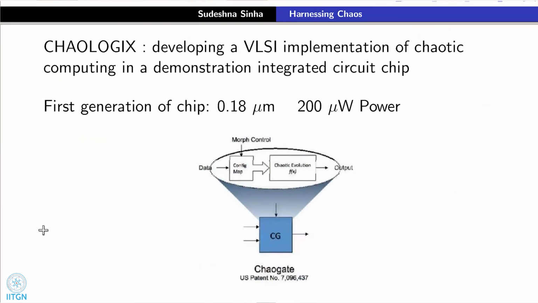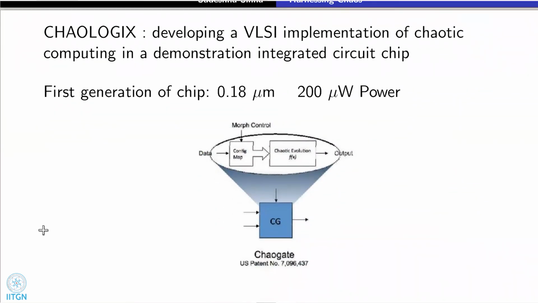And some of it has gone beyond my reach, and so there's a company called Chaologics, which I think has just got acquired for an undisclosed sum by some other company, which is developing the VLSI implementation of this. And they have a first generation, which is not too bad.